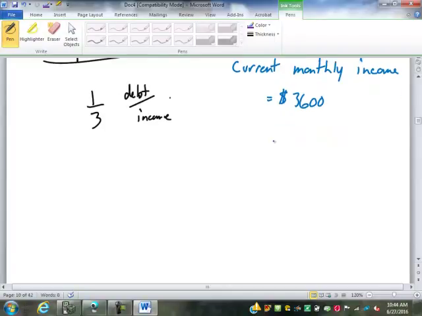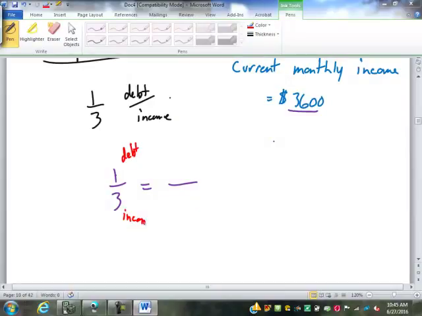So what that means is, if you want to figure out how much debt payments you can afford per month based on that income, use the 1-to-3 ratio. You set up a second ratio that's equal to it. What does the 1 represent here in this ratio? That represents the debt. The 3 represents your income.